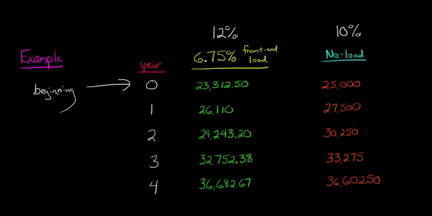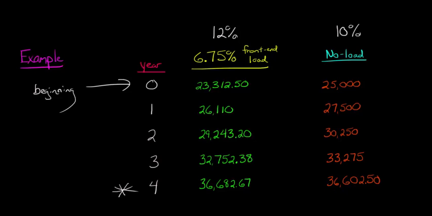Yet we have more money in the no-load fund all the way up through year 3. It isn't until year 4 that the front-end load fund finally has more money in it than the no-load fund.